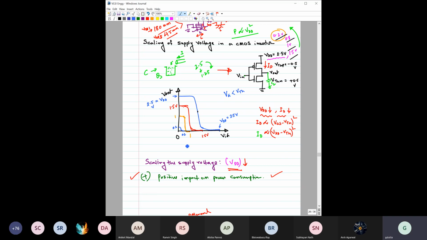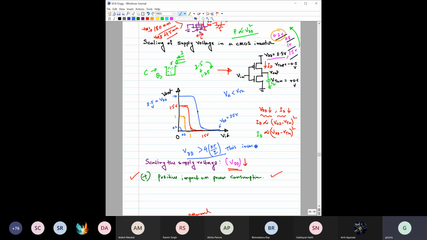Eventually, if VDD is more than 4kT/q, where kT/q at room temperature is 26 millivolt, this inverter would work. Not gate voltage, I should say VDD, that makes much more sense here.